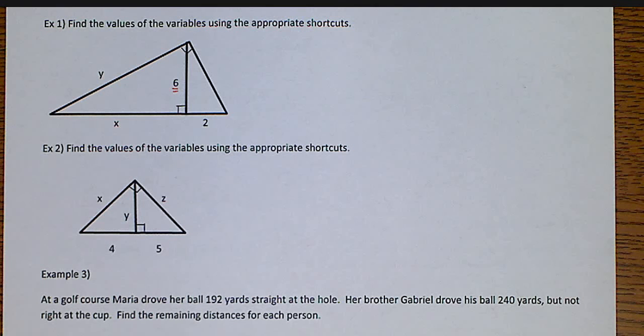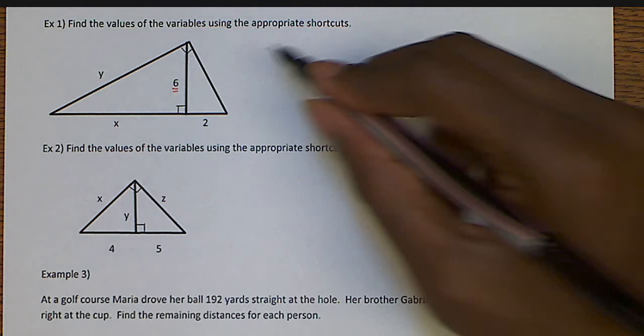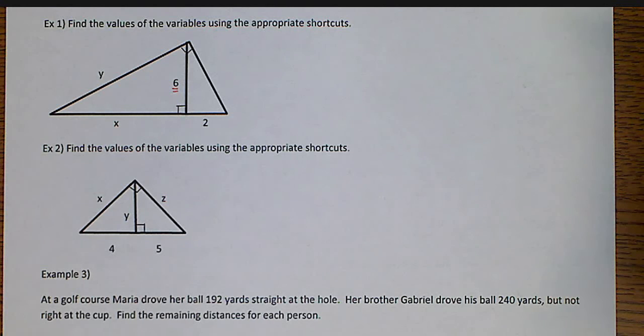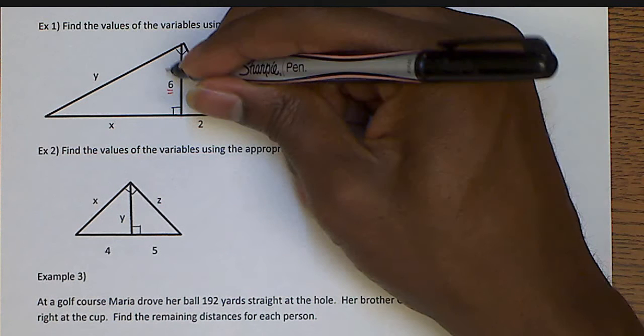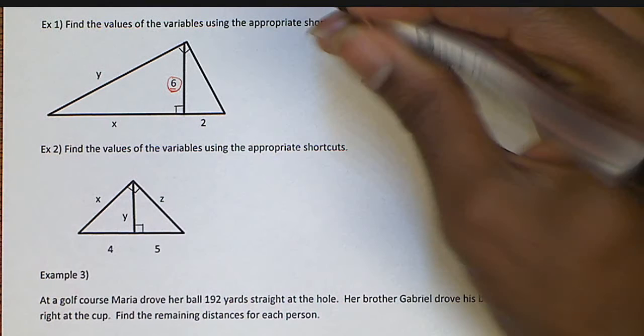Now we have to find x, and everybody wants to just put x as the geometric mean. Remember, the corollary didn't say that x is the geometric mean. The corollary said that the altitude to the hypotenuse was the geometric mean between the segments of the hypotenuse. So this 6 is our geometric mean in this example.